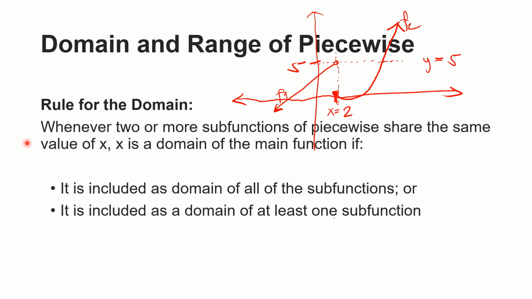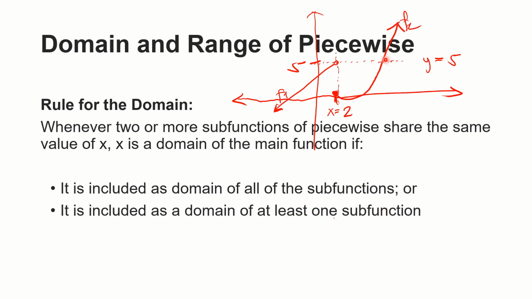So according to this rule for the domain, whenever two or more subfunctions of a piecewise share the same value of x, so here x is equal to 2, and this is also x is equal to 2, that specific value of x is part of the domain of the main function if it is included as a domain of all of the subfunctions, or at least one of the subfunctions.